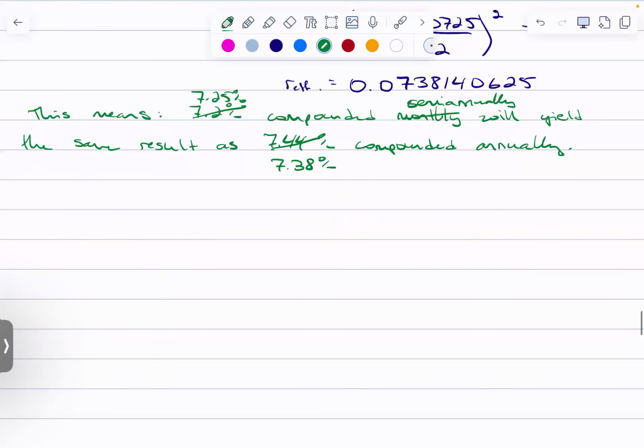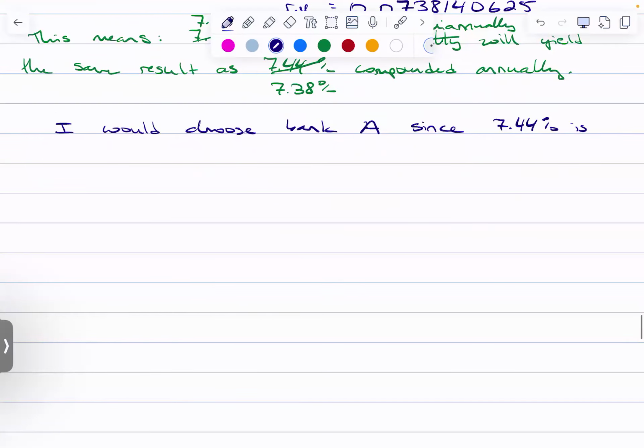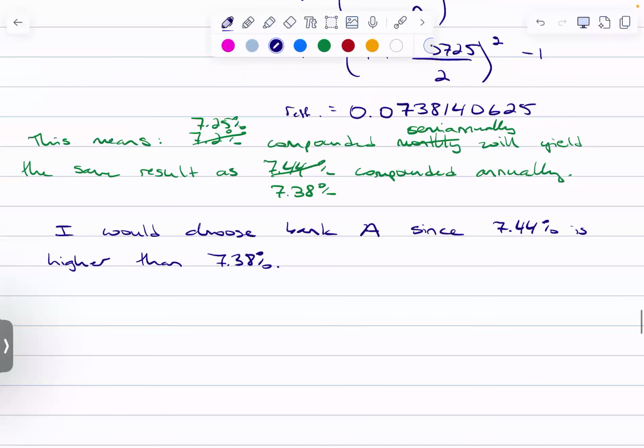And so I would choose Bank A, since 7.44% is higher than 7.38%. Nice. That's kind of handy.